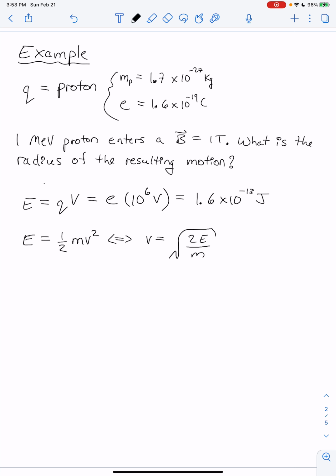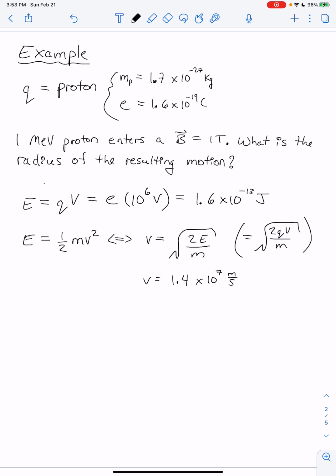Now if we wanted to, we could also have just said that's equal to the square root of 2qV over m. However you want to do it, you end up with your velocity value of 1.4 times 10 to the 7 meters per second.